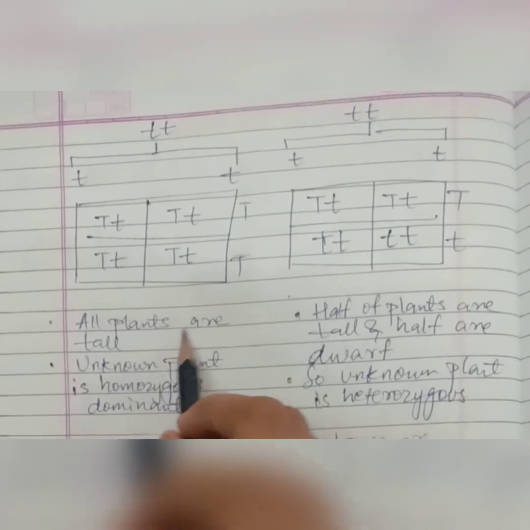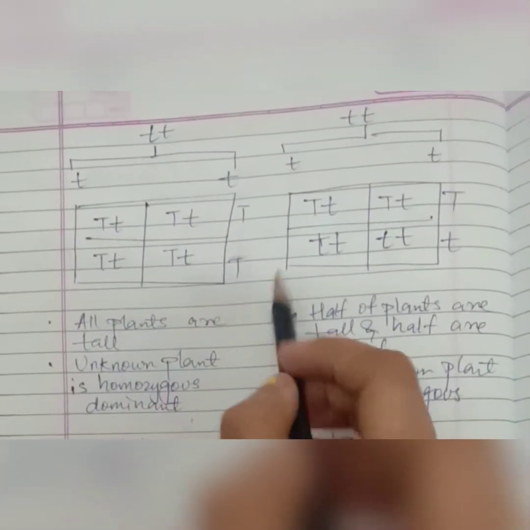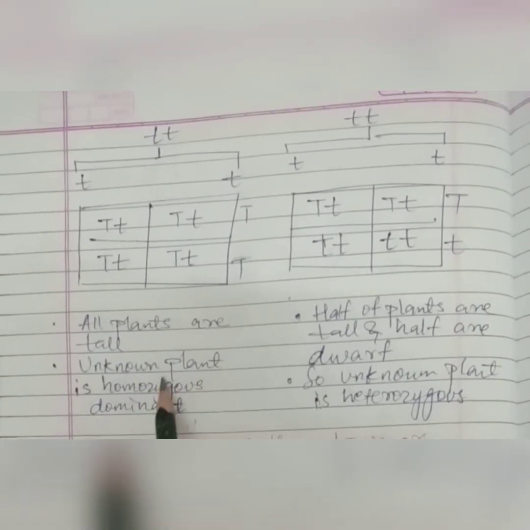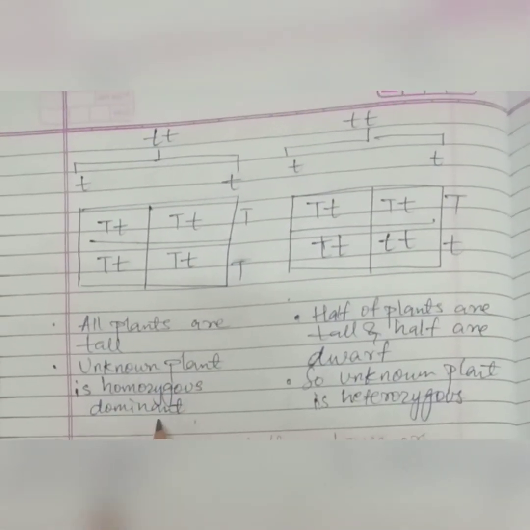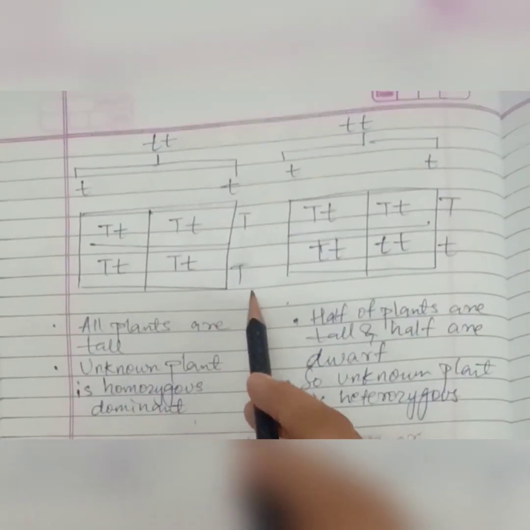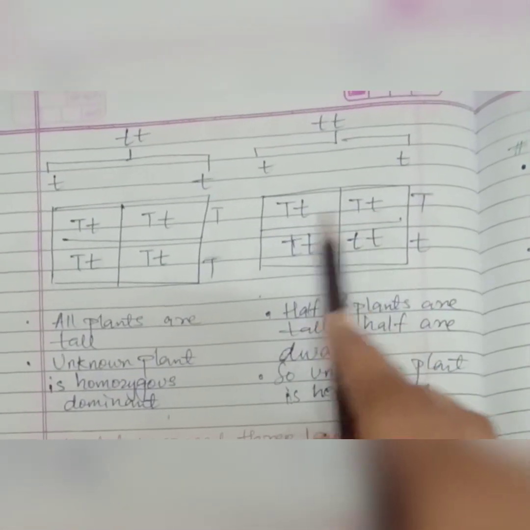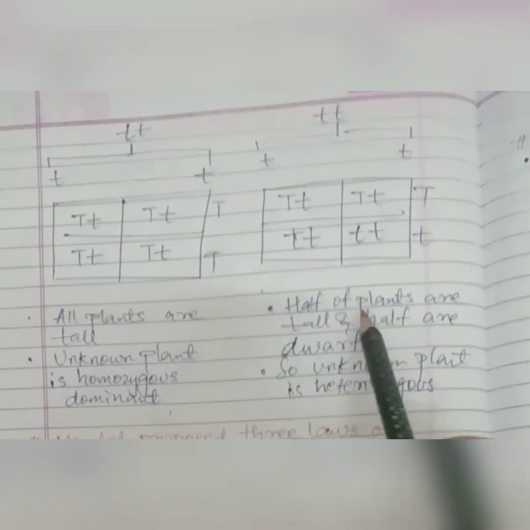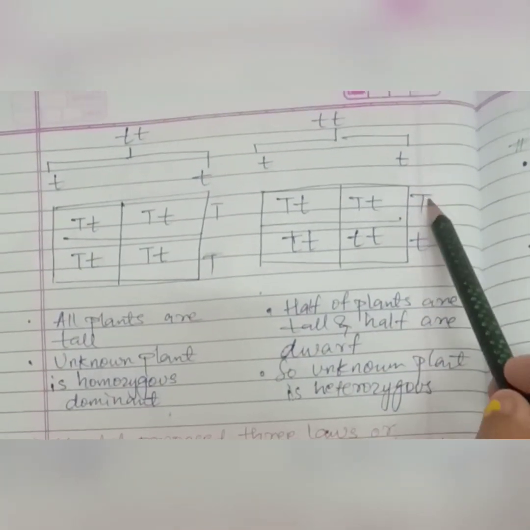So all the plants are tall. If all the plants are tall, the unknown plant is homozygous dominant, and if half the plants are tall and half the plants are dwarf, then the unknown plant is heterozygous.